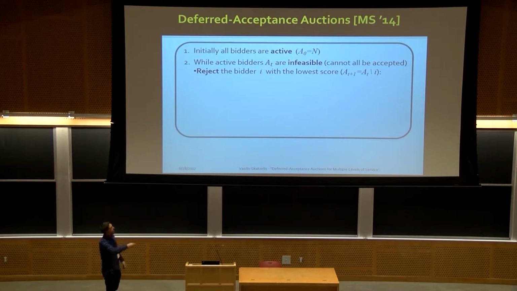We choose who to reject by using that scoring function that I mentioned, some scoring function that summarizes the attractiveness of each bidder. And once we choose who to reject, the new set of active bidders is what was active already minus the person we just rejected. So we greedily reject people.